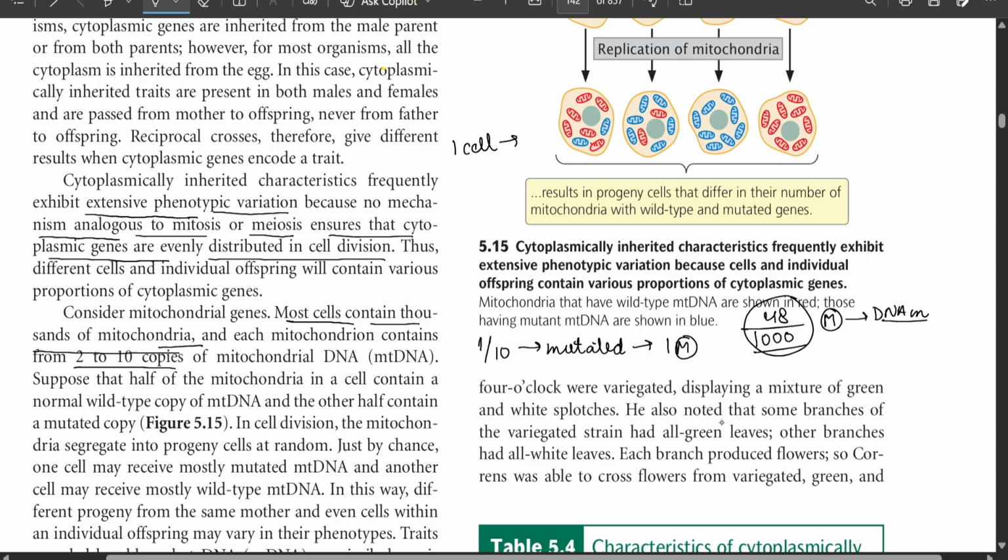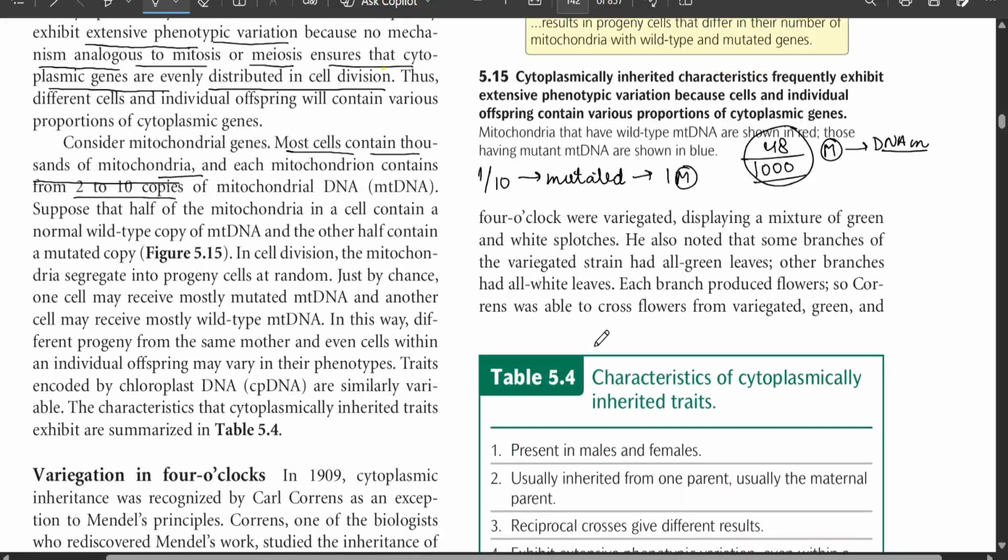In the other progenies, it might be possible that the non-mutated mitochondria go. So this process is very random, and hence we have higher chances that the progeny will exhibit extensive phenotypic variations.